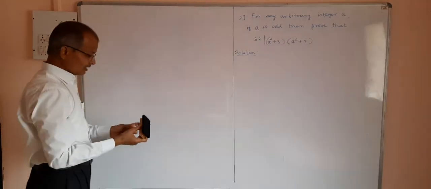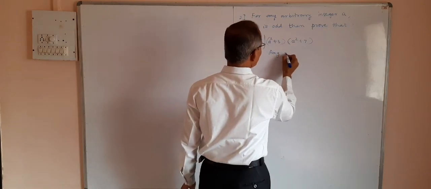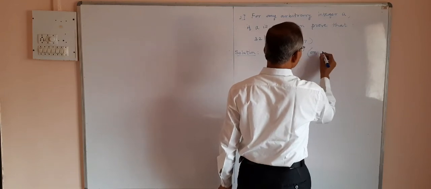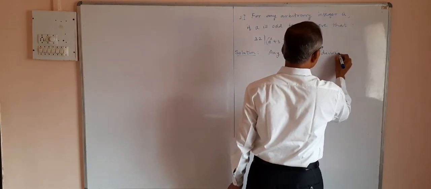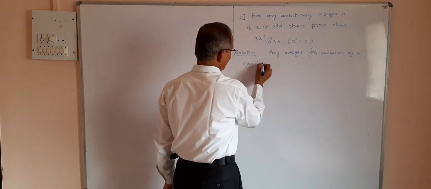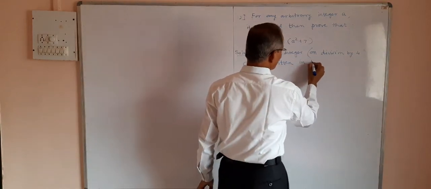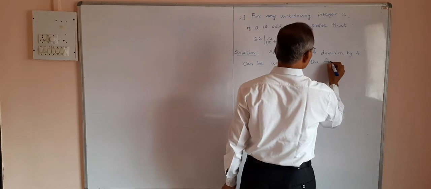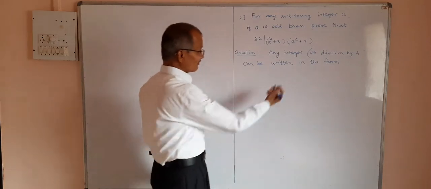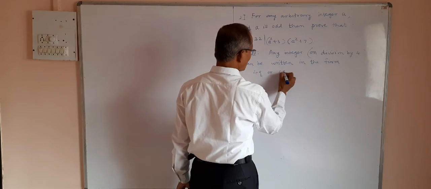And therefore any integer on division by 4 can be written in one of the forms, 4q or 4q plus 1.